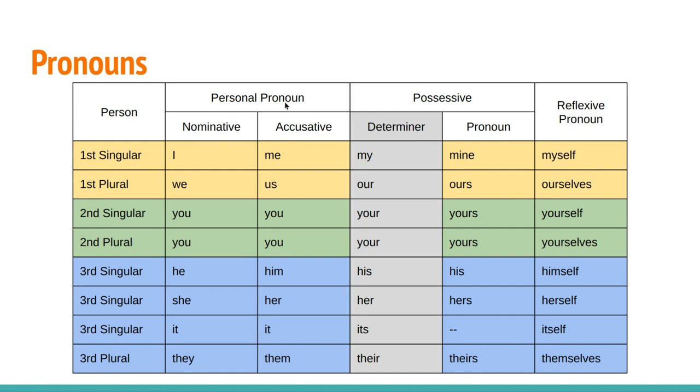Now, personal pronouns can be of two forms: nominative or accusative. Nominatives are those pronouns that make reference to the doer of the action, let's say the performer, the one that performs the action. So, for example, I run, who's doing the running? I am.